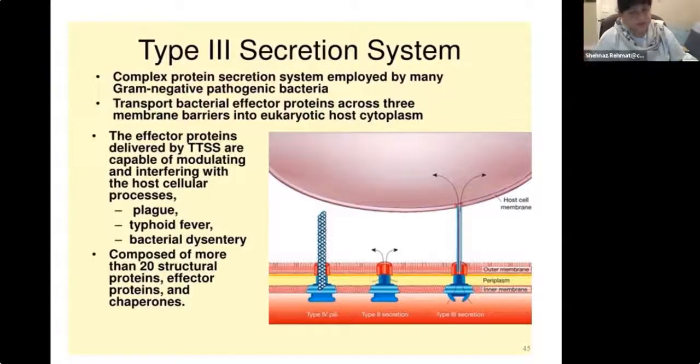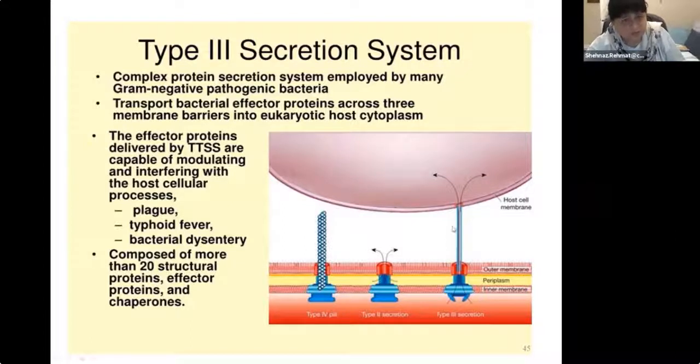We come to the type 3 secretion system, and this is a very important one. Sometimes it is abbreviated as TTSS or T3SS, whichever. The type 3 secretion system is used by many gram-negative pathogenic bacteria, because this system is capable of delivering effector proteins directly into a host eukaryotic cell.